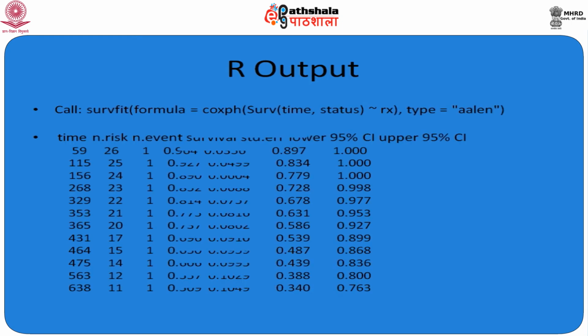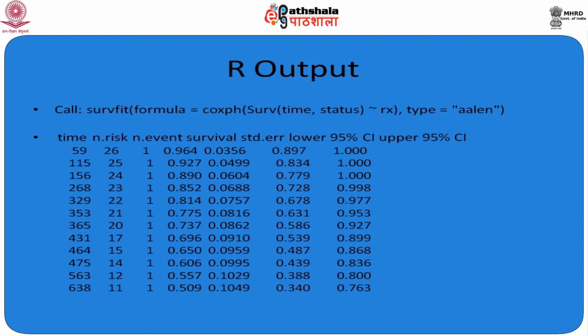This is our output. Here the first column shows the time, measured in days, of each follow-up of patients, like 59, 115, 156, 268, 329, 353, 365, 431, 464, 475, 563 and 638 days. Corresponding to those follow-up periods, the number of patients at risk is given by the second column, n.risk.